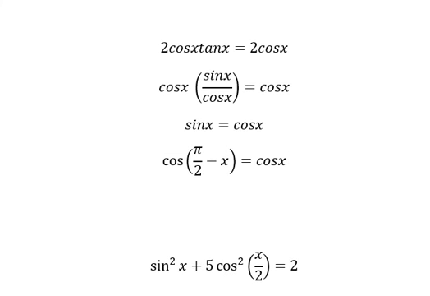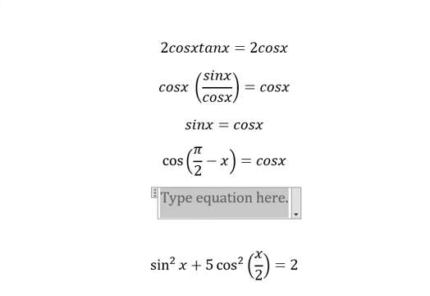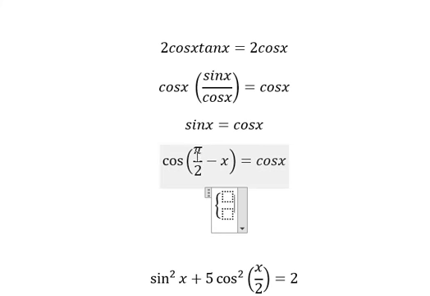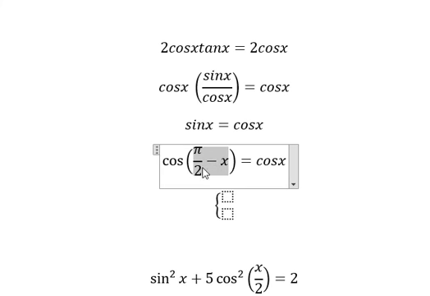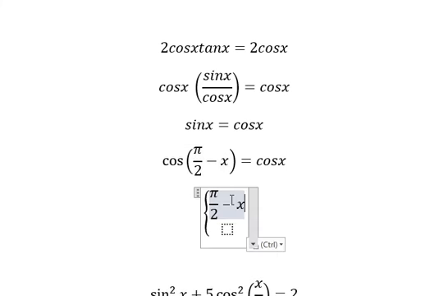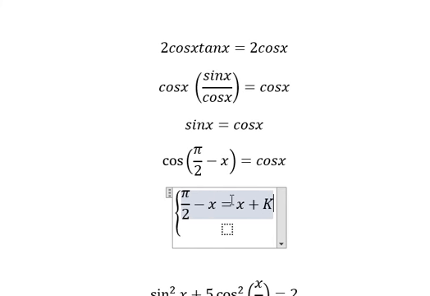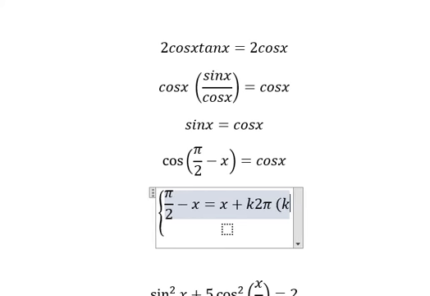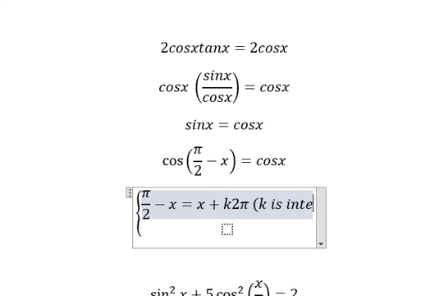And now we have the solution in here. That's π over 2 minus x equals x plus 2kπ, and k is an integer.